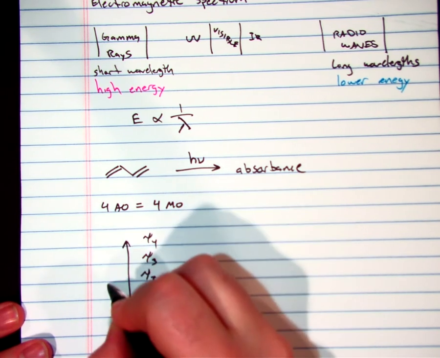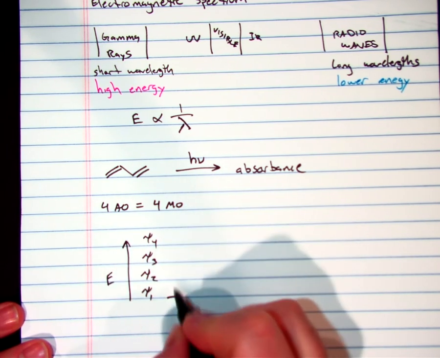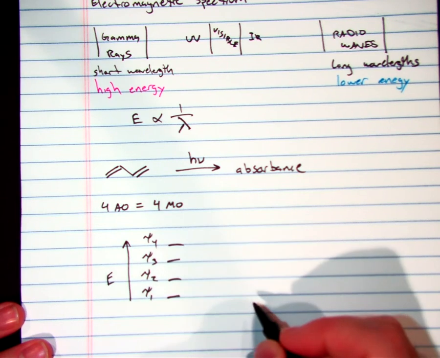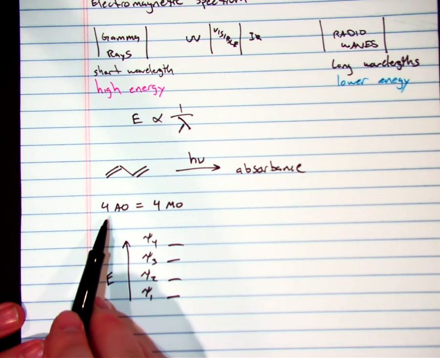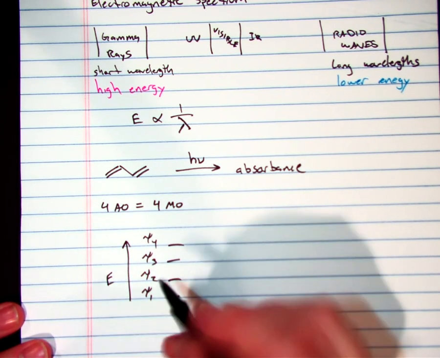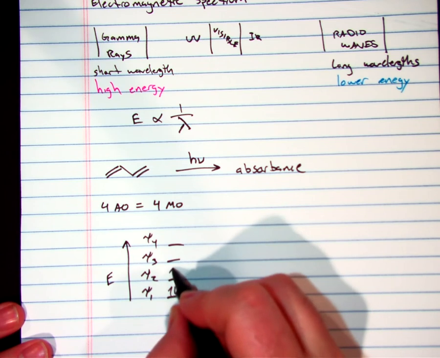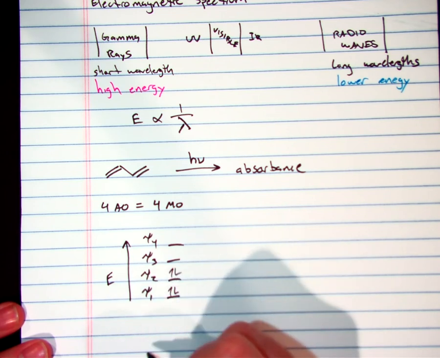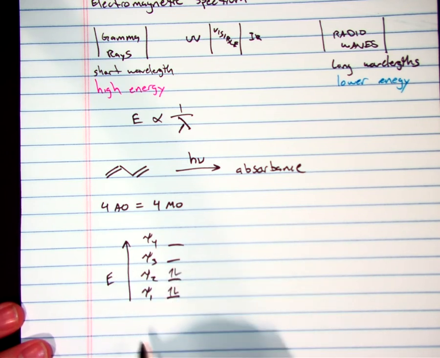And here we have an increase in energy. And we can look at the electrons that are in these systems. 4 atomic orbitals gives us 4 electrons in the system. If we pair them up, only psi 1 and psi 2 are going to have the electrons in them. These are our bonding molecular orbitals. Psi 3 and psi 4 are our anti-bonding molecular orbitals.